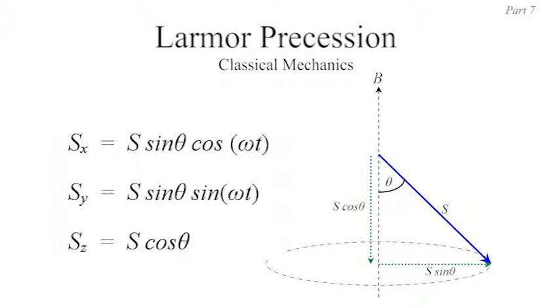Now once again, this is the classical situation, where we can use the idea of components, cosine and sine, and we can also actually measure and know each of the values of all three components of the spin at the same time. We can actually measure Sx, Sy and Sz simultaneously and know all three.